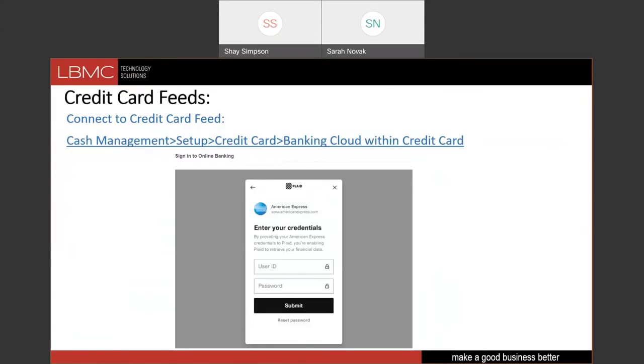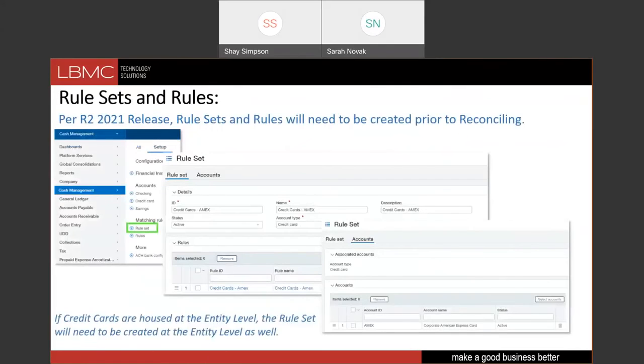What that is going to do is connect that credit card feed just like we do for our bank feeds. Okay. And most of the larger credit cards are going to be out there. And again, they're constantly adding new ones.